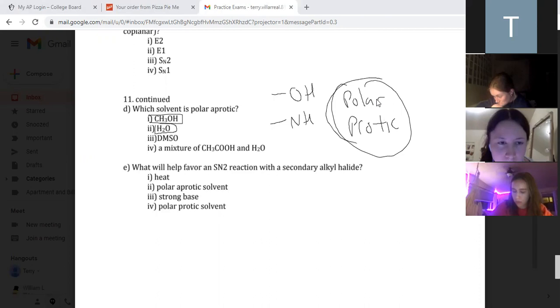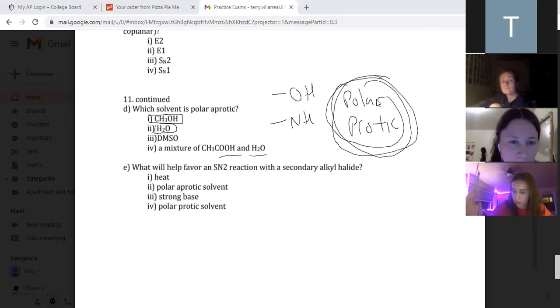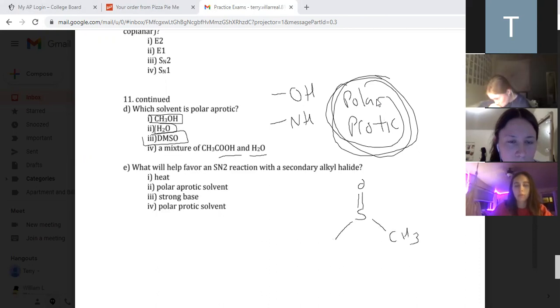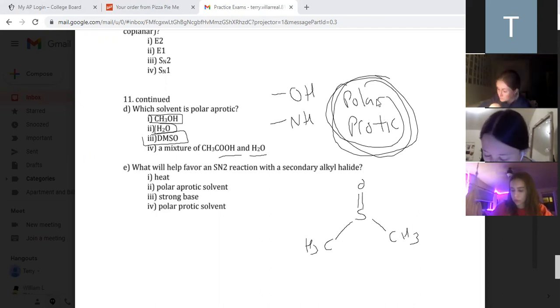H2O, protic. This is the only one that doesn't meet that. This is technically sulfur double bonded to oxygen, two methyls coming off. Also, I think she had fluorine and hydrogen as one of them. Yeah, that basically, if it can do a hydrogen bond. So that's a pretty weird solvent.